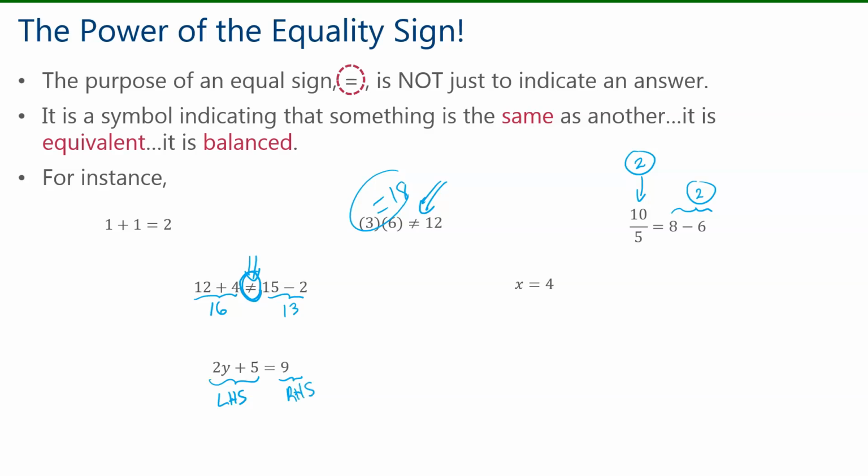So those two sides have to be balanced. They have to be equivalent. Similarly, in this case, the left-hand side, 2n plus 7, will be balanced with the right-hand side, 3n plus 5. They will be equivalent. And now I'd like you to proceed to the next video in this lesson.